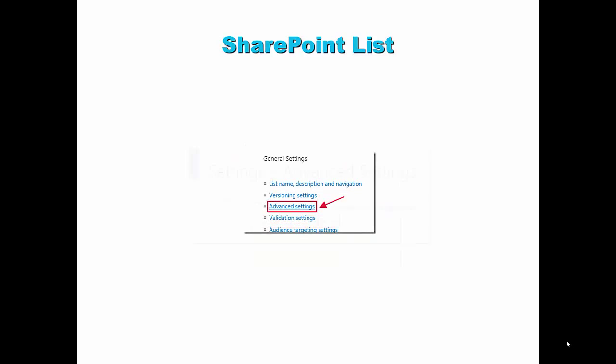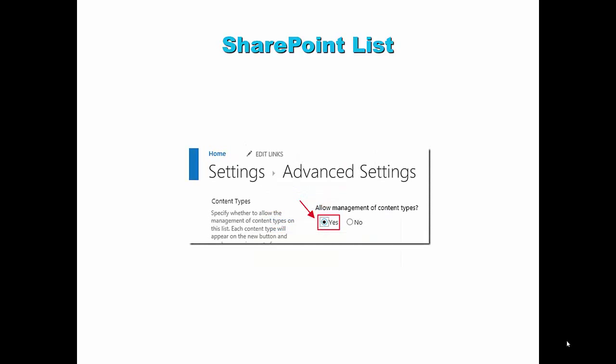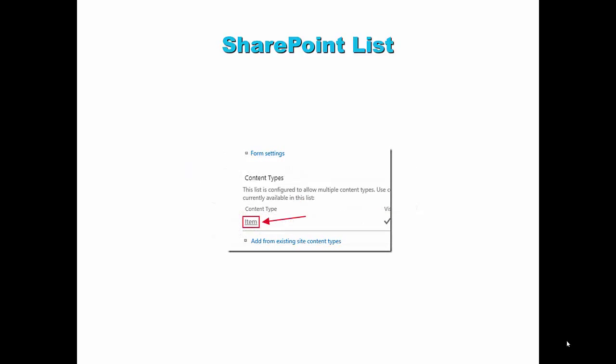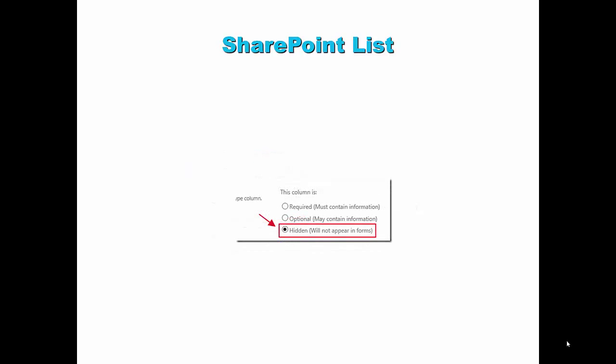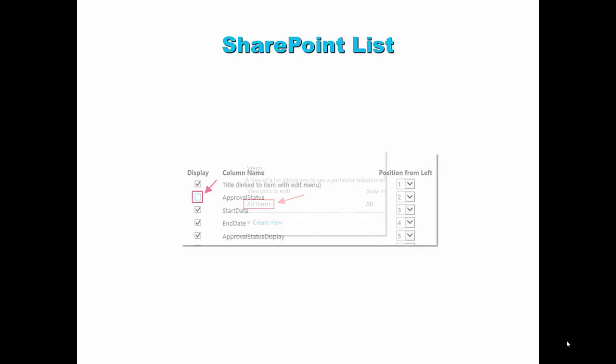We will also go into Advanced Settings, allow management of content types, and then under Content Types we'll go into Items so that we can hide certain fields. We'll also go to All Items, and then we will hide the approval status field because the approval status display will be used to show the status of the workflow item.